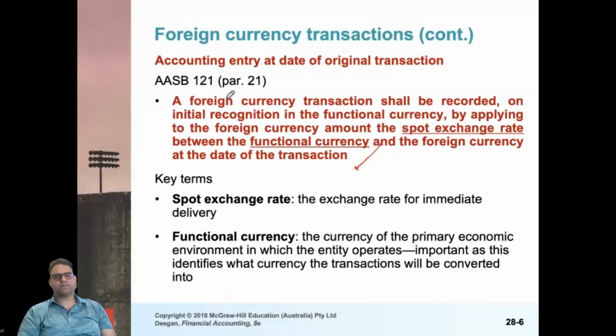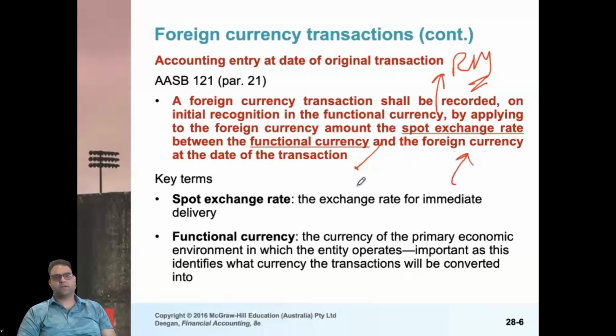A foreign currency transaction shall be recorded on initial recognition in the functional currency. For example, my functional currency over here is RM, Malaysian ringgit. In this chapter, they use the Aussie dollar as the functional currency because the book and the author are from Australia. This is done by applying to the foreign currency amount the spot exchange rate between the foreign currency and the functional currency at the date of the transaction.